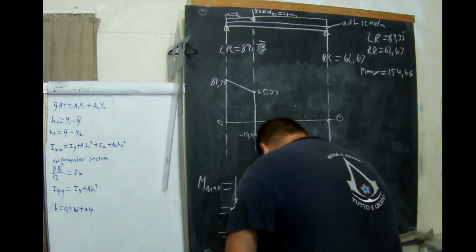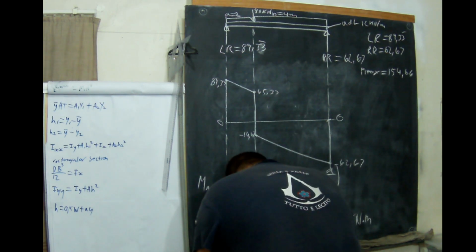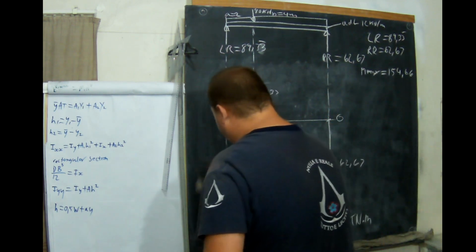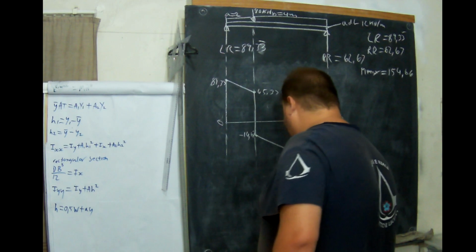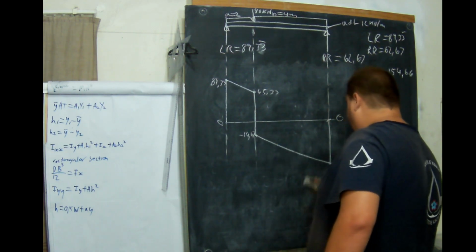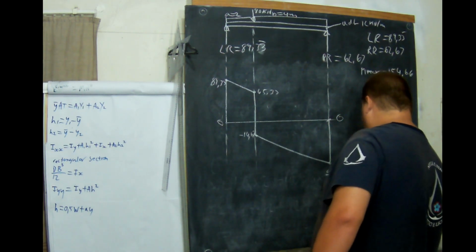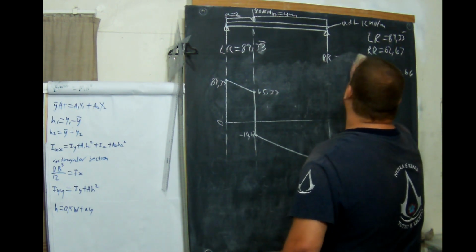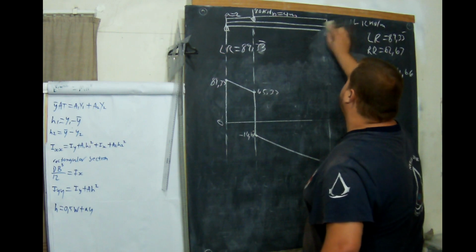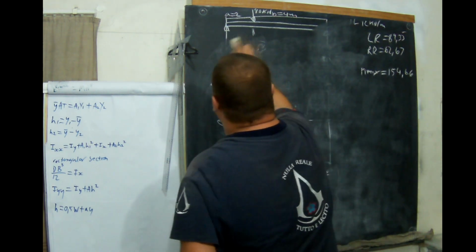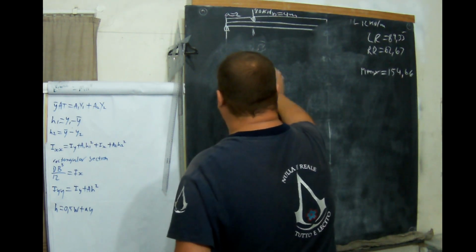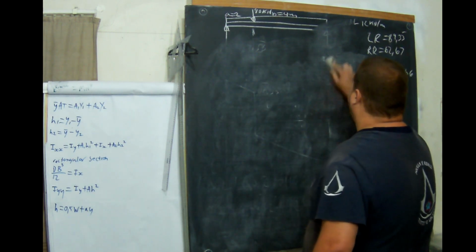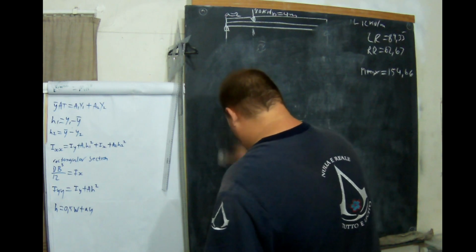Okay. Now to calculate the I section of the beam needed, we have our maximum moment, so now that is going to be our next sum.